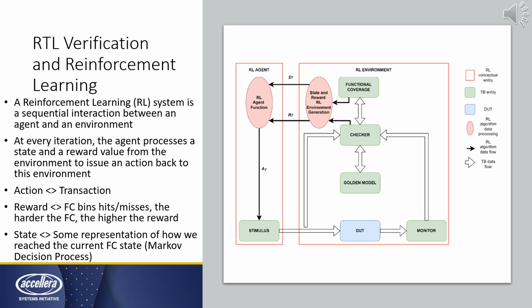Once the DUT executes this action, the transaction, it responds by showing the state of the functional coverage and what we call a reward, which in our case would be positive if there has been a functional coverage hit, and null if nothing happened because of the action, which is here the transaction.